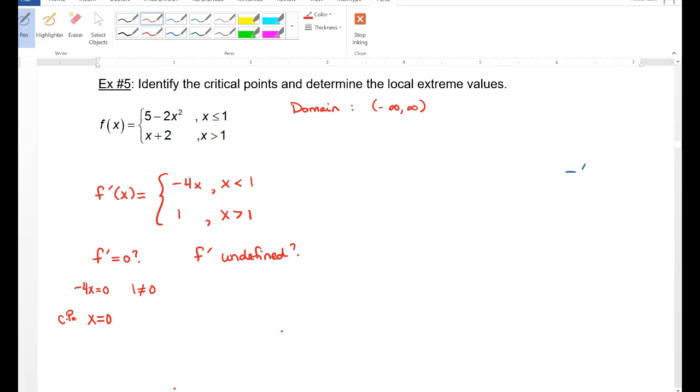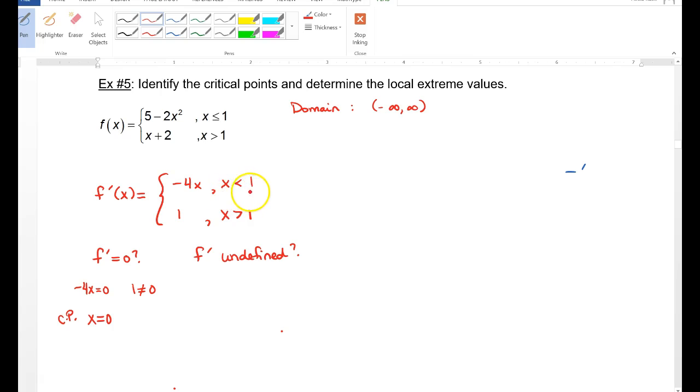The other question is, where is it undefined? So when do we not have a derivative? Well, we don't have a derivative when there's a discontinuity, but we can verify if we plug in that it is continuous. The other options are corner, cusp, or vertical tangent. Well, this is clearly not a cusp or a vertical tangent. So we have to consider, is this a corner? How do we tell if there's a corner?